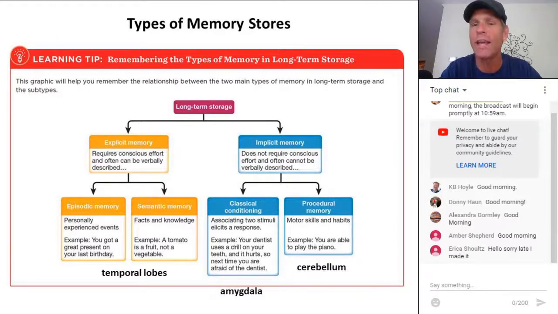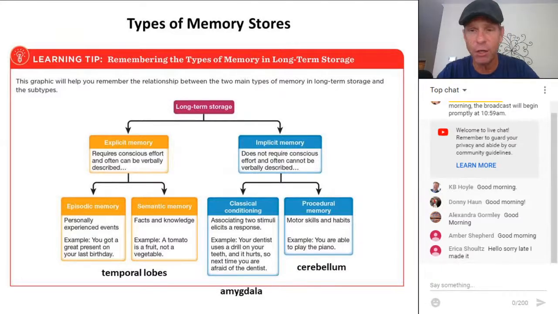That's what we would call a semantic memory, or a memory for facts and knowledge. Both of these are going to be processed in and around the temporal lobes. The reason we differentiate between these two is because there are people who have amnesia who lose their episodic memory, but not their semantic memory. Now, those memories are located in your temporal lobe.